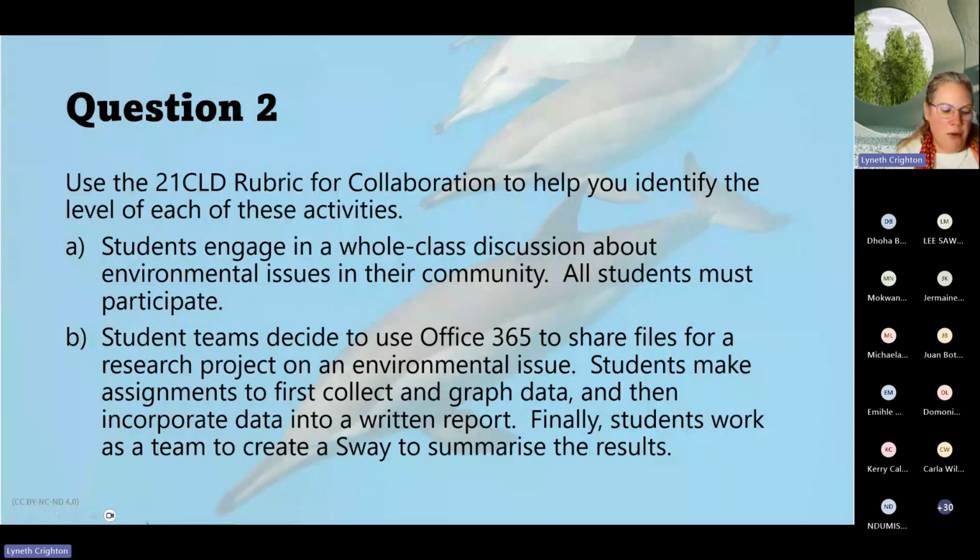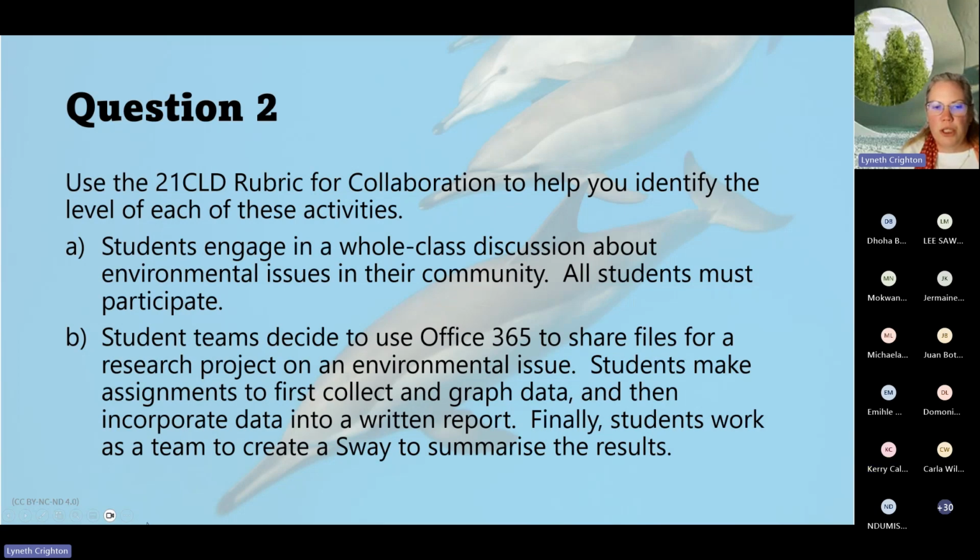So I would have said the easy one is yes, they work in a group because it talks about a team. Yes, there's shared responsibility because they put it into a written report, and they create a Sway. And then lastly, there is substantive decisions because they obviously have to decide what the data means in order to summarize it.